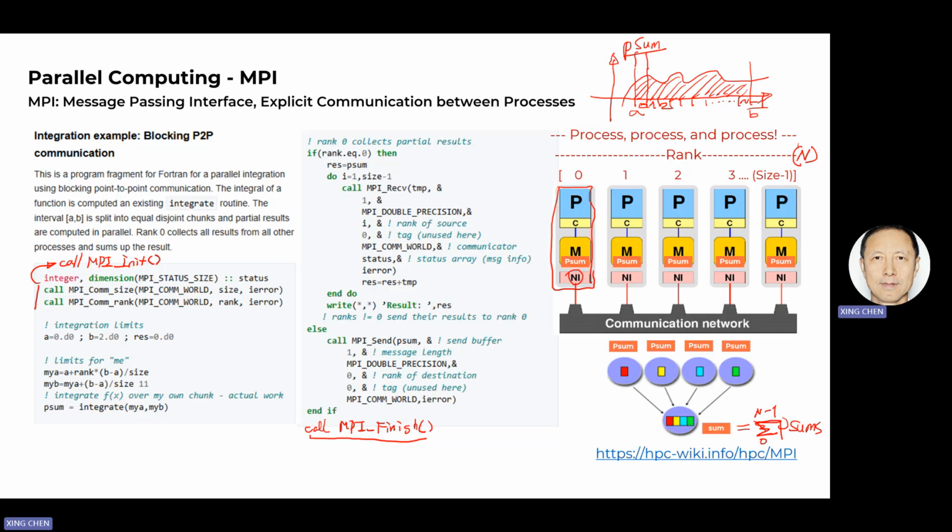So you set up this infrastructure before you can use it, and after you have used it, you need to destroy it. So you need to have these two functional calls for this piece of code to work correctly.